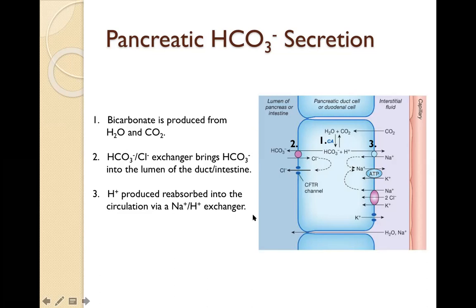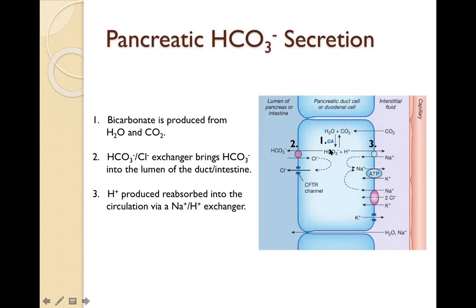And there's the luminal side on the other side of the ductal cell. So the first thing that's going to happen is water, which is present in the cell anyways, and carbon dioxide, which is a byproduct of cellular respiration. That reaction is going to have carbonic anhydrase present, and it's going to create bicarbonate ions and H+ ions.